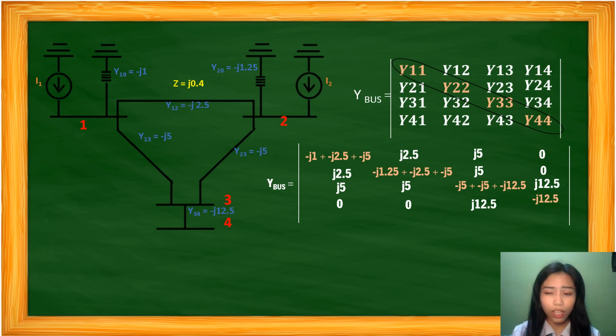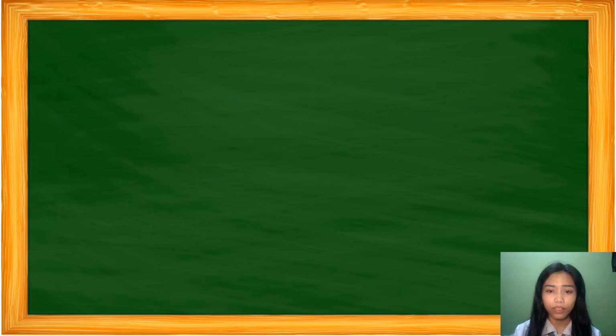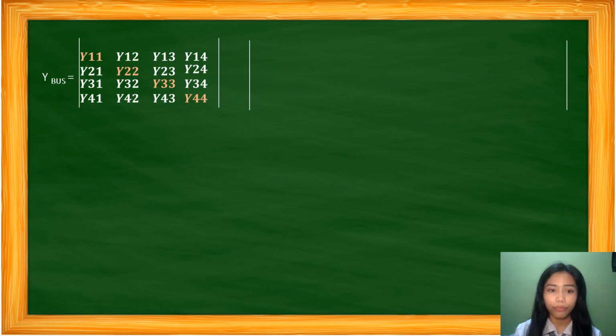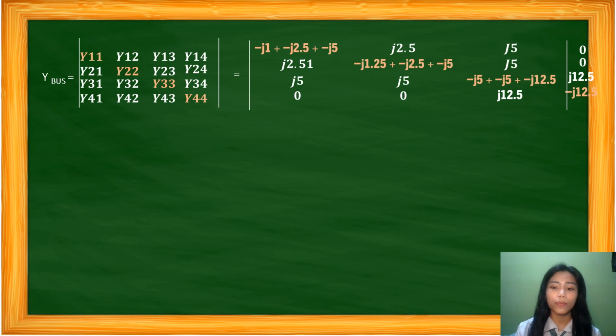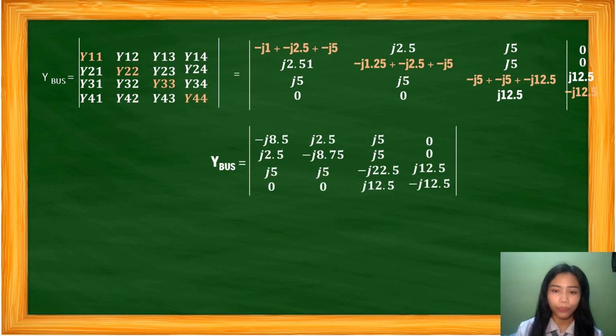Simplifying this formula, we have the summation of these three admittances as negative j8.5.